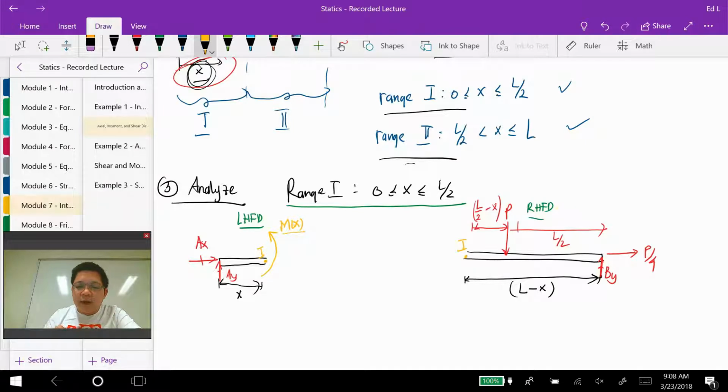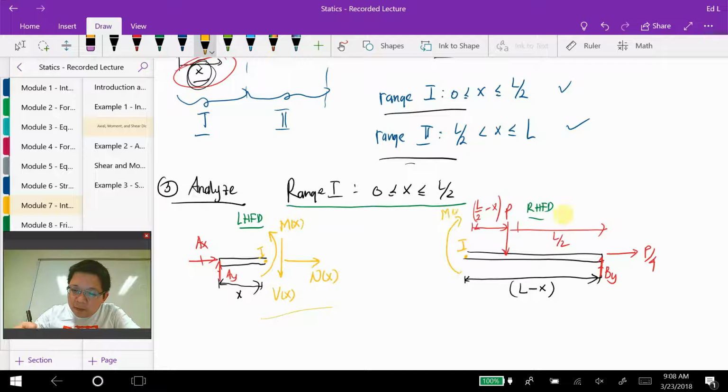Then we have V of x, the shear as a function of x, and the axial force N as a function of x. Notice that all of the directions that I draw here are in positive sign convention.